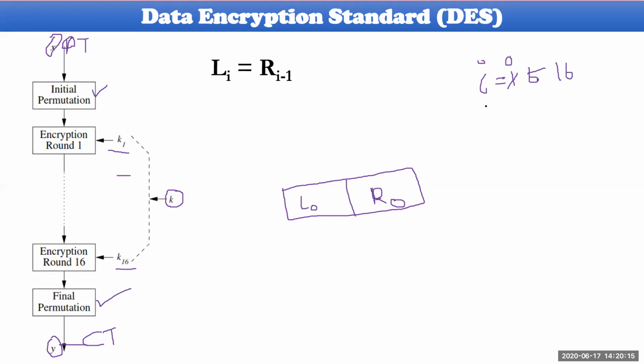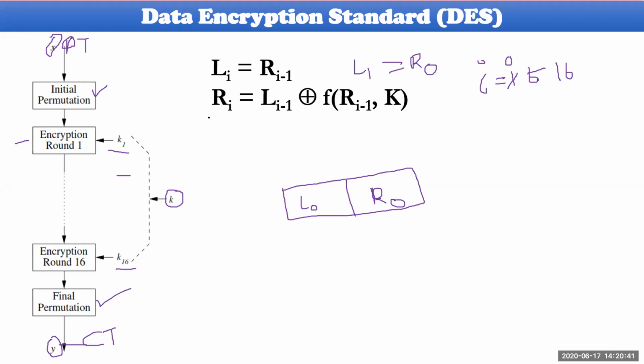Okay, so for the first round, L1 will be equal to R0. There is no problem at all on that side. But on the right side, what exactly could be done?